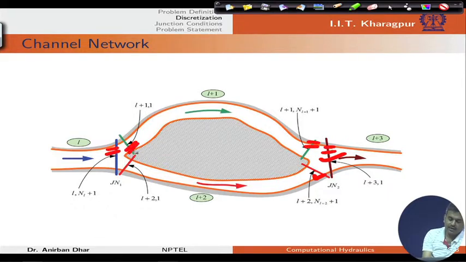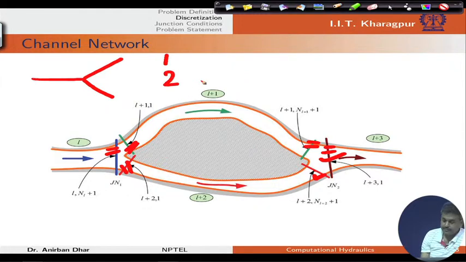So, obviously for any channel junction, if we have this 3 channel case, we will have 1 continuity and 2 energy conditions. So, in total 3 conditions, because continuity is 1, since inflow and outflow values we need to consider, and 2 energy conditions.